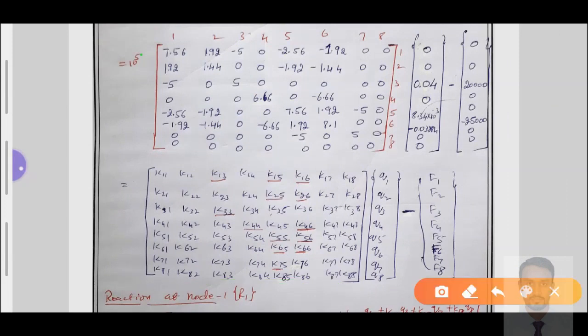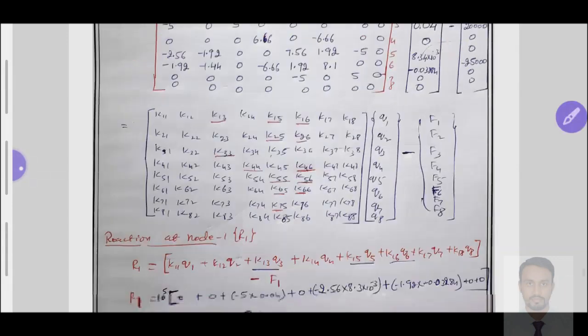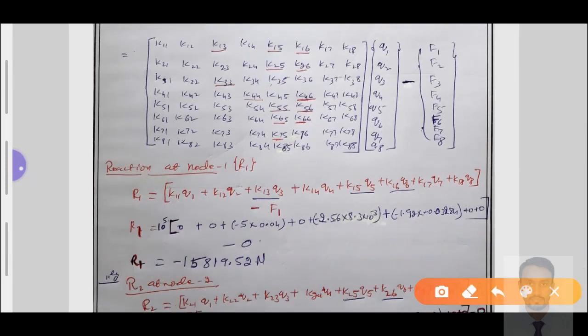We need to find R1. We need to take this row completely, with the Q values. How I take it, you can check here. R1 is equal to, at node number 1, K11 Q1 plus K12 into Q2, K13 into Q3, K14 into Q4, K15 into Q5, K16 into Q6, K17 into Q7, K18 into Q8, minus F1 we have taken.